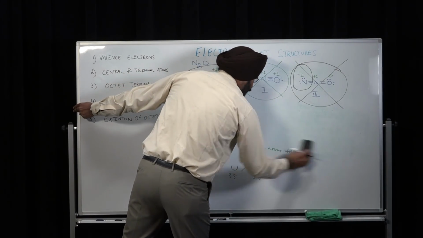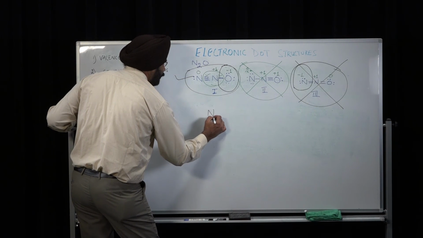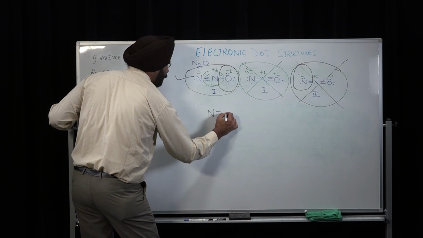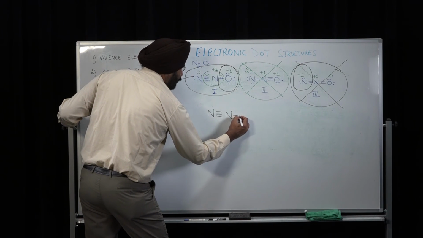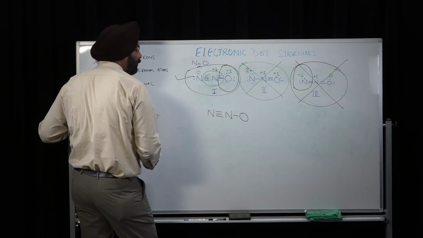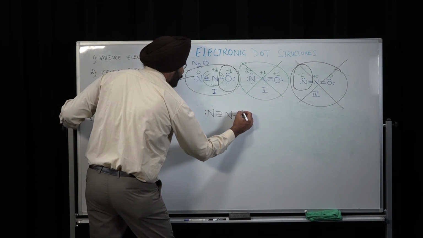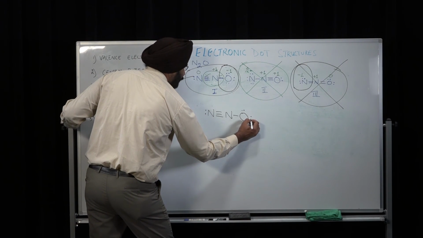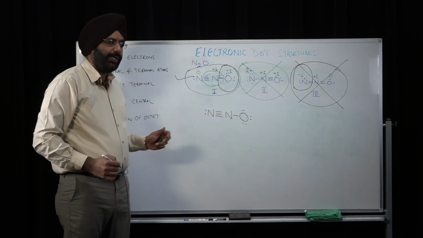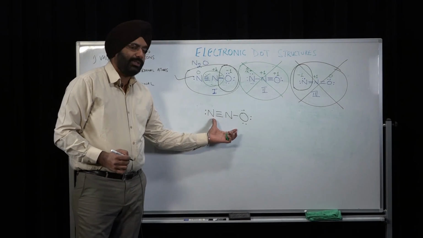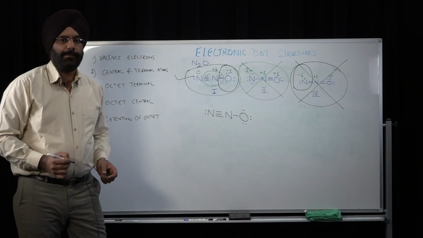The electronic dot structure for N2O is where the two nitrogens are bonded by a triple bond, and the nitrogen and the oxygen are joined by a single bond, and you just arrange the non-bonded electrons or the lone pairs around it. So this is the actual electron dot structure for N2O.